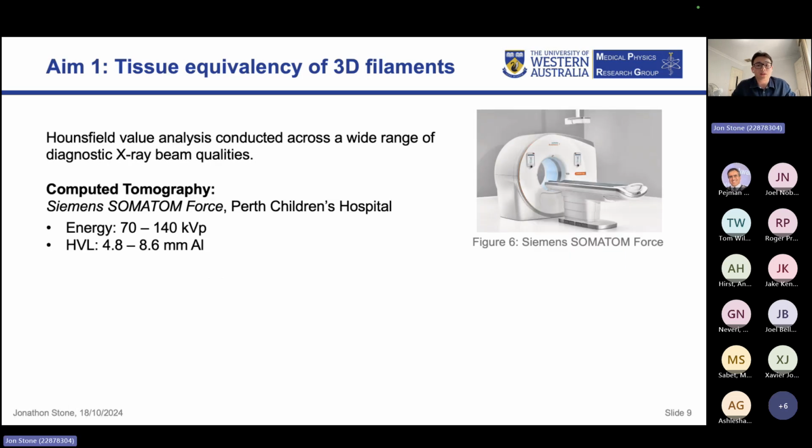For Hounsfield unit analysis, we conducted them over a wide range of diagnostic X-ray beam qualities. For CT beam qualities, we used the Siemens SOMATOM Force from Perth Children's Hospital, and we scanned our samples from 70 to 140 kVp, a half value layer of 4.8 to 8.6 millimeters of aluminium.